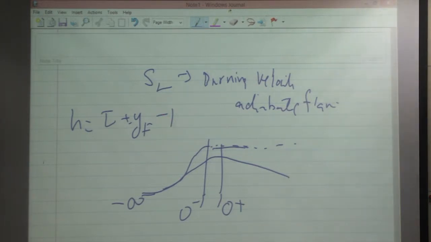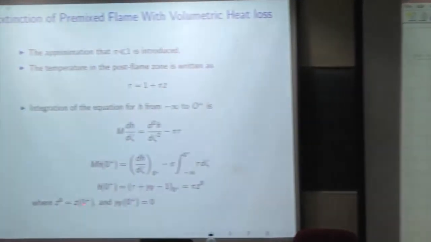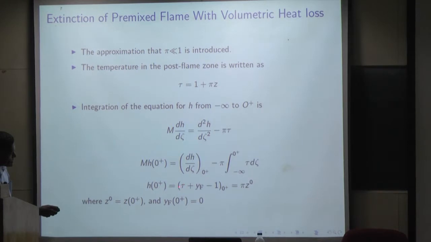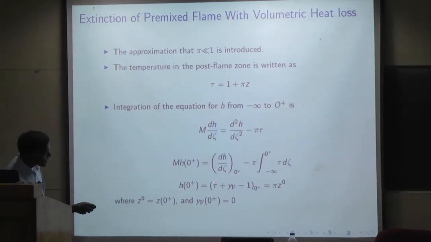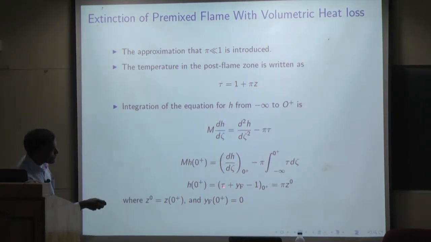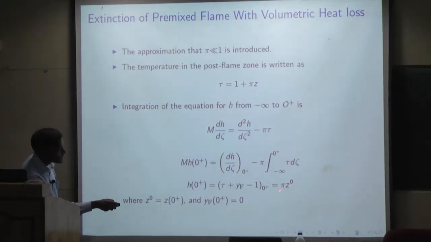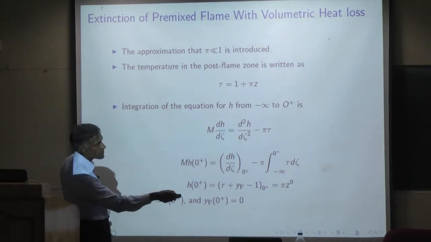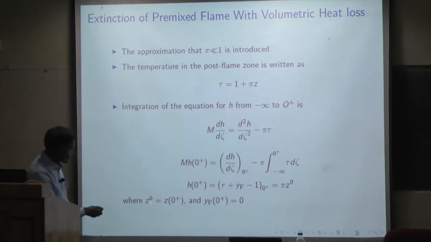So h in this region is simply tau minus 1. But tau is this expansion, 1 plus pi z. So if you substitute that value for tau, it turns out h at 0 plus is pi z naught, where z naught is the value of z at 0 plus.